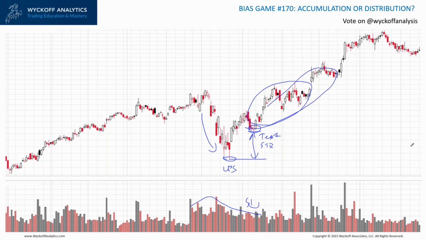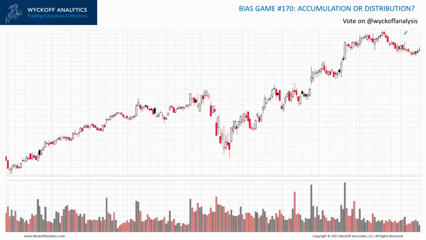Okay, let's analyze the last trading range. I could make an argument that this is a buying climax. This is where supply is coming in. What does it produce? It produces this much of a change of behavior. You could think of this as the trading range right here, or this one right here.